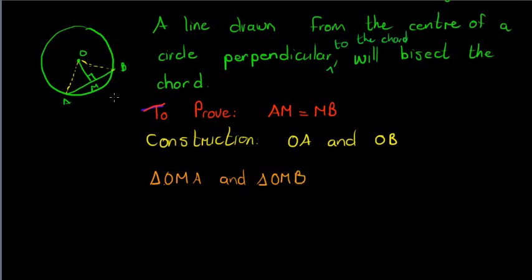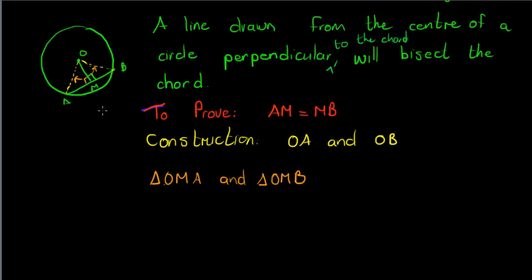If I can do that, then I know that all of the sides are equal, which means that AM would equal MB. The way I would do it this time is I see I've got 90 degrees. So if I do have perpendicular, I always look at the hypotenuse. Do we know that this one's hypotenuse is equal to that one's hypotenuse?